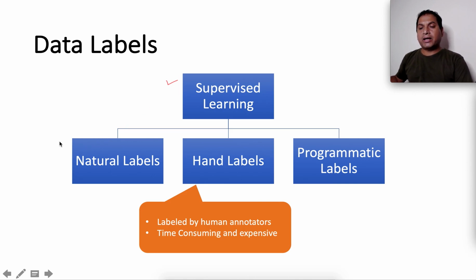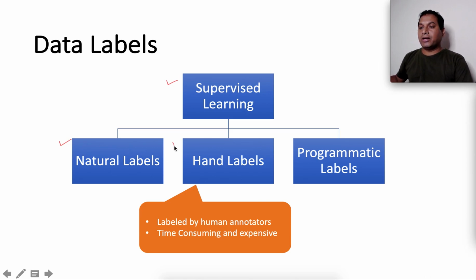Some labeled data are natural labels. That means they're actually generated by the systems or business processes, captured, and can be leveraged to train models. But in certain problem domains, these labels are not available and have to be manually created.